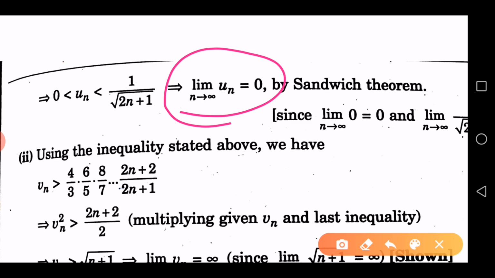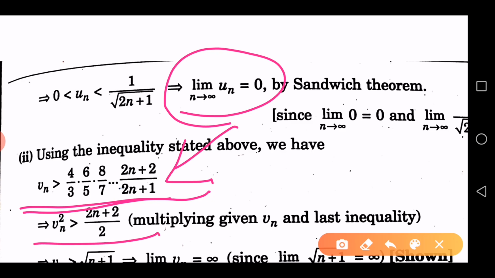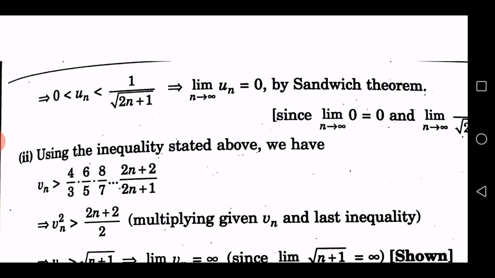We have already discussed Vn is greater than the product of the ratios 4 by 3, 6 by 5, the obtained inequality. If we multiply this inequality with the given relation Vn, we have Vn square is greater than 2n plus 2 by 2 after cancelling a few terms.